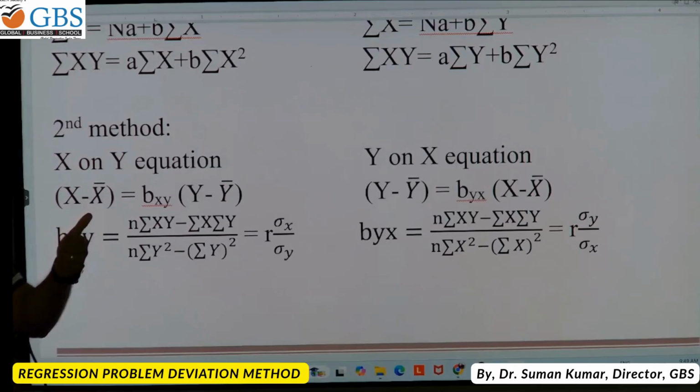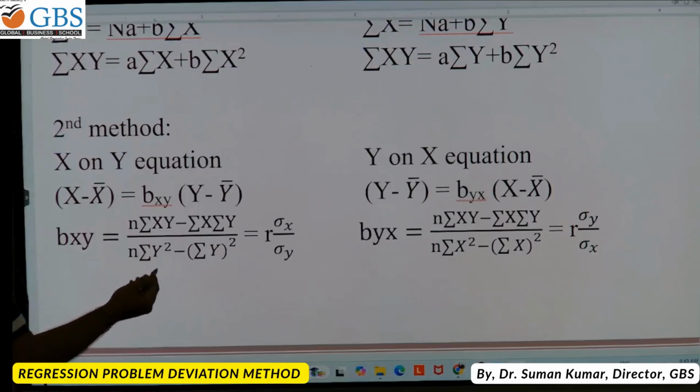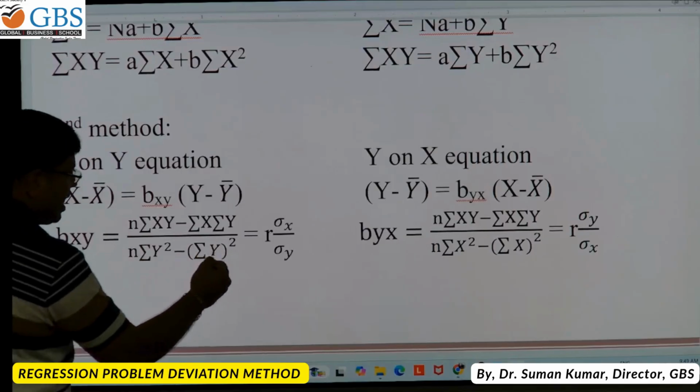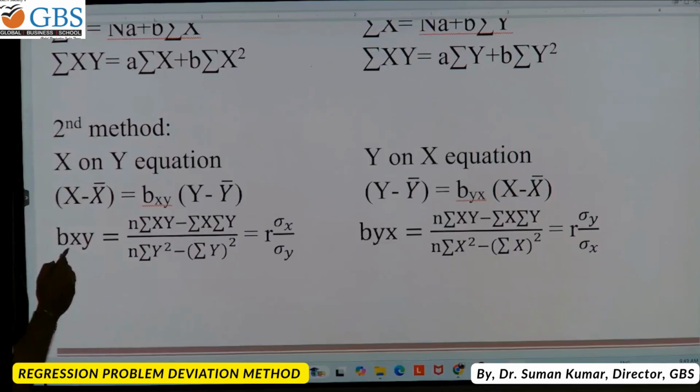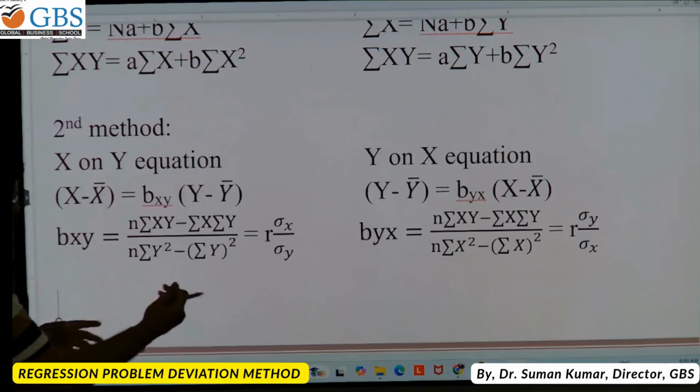The root is missing, right? There will be two parts in the denominator in the Karl Pearson coefficient: square root of n into summation x square minus summation x whole square. But as it is bxy, that is x on y, the y part should be in the numerator.